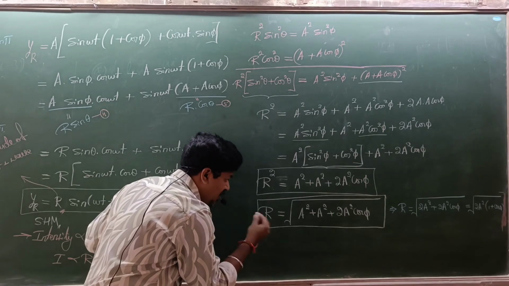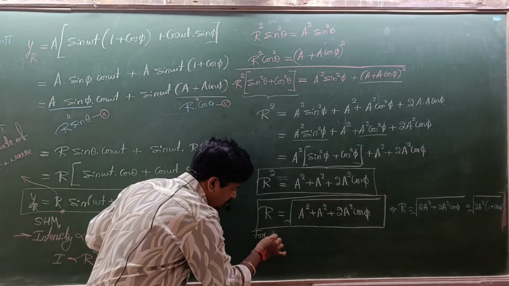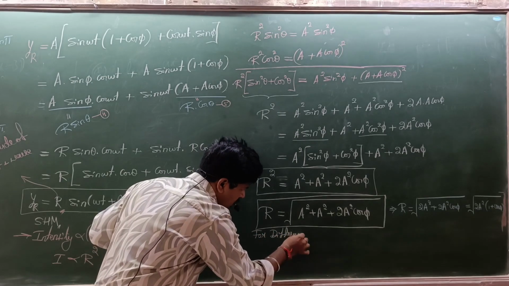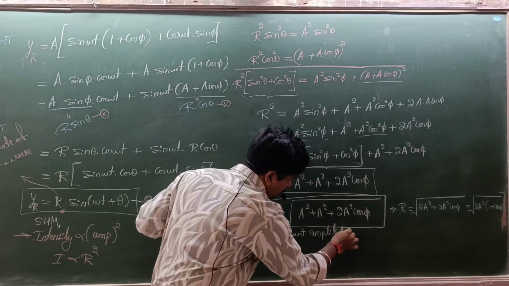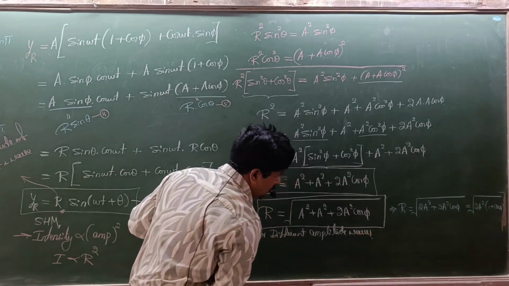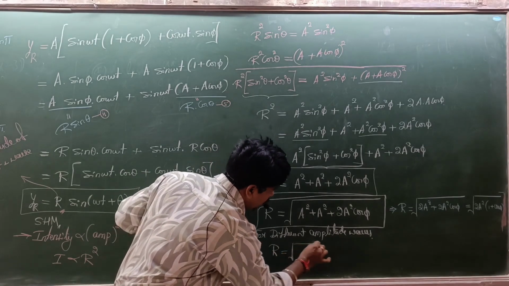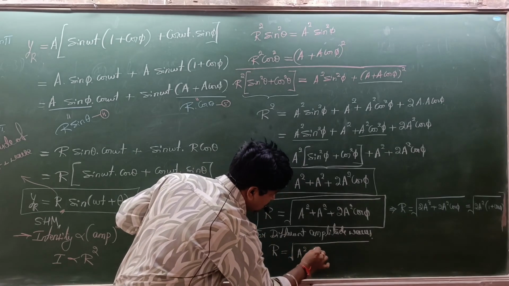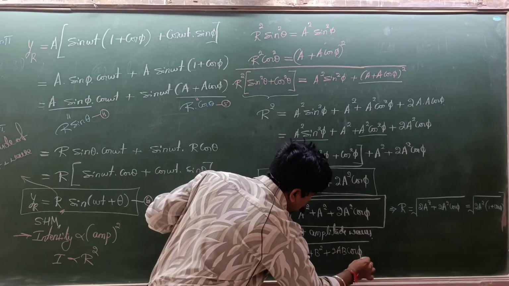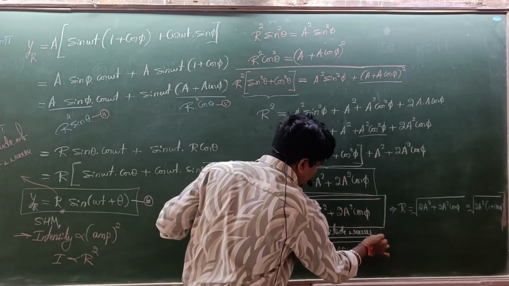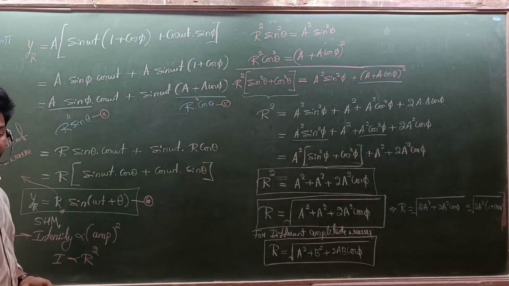Suppose for different amplitude waves, we can write r is equal to root of a square plus b square plus 2ab cos phi. This is the expression of the magnitude of the resultant wave's amplitude.